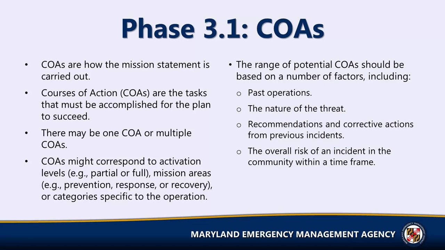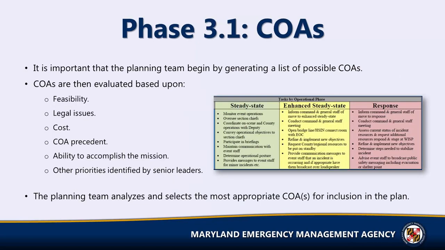scope, and objectives. When developing COAs, it is important that the planning team first generate a wide array of possible COAs for consideration. The planning team should develop COAs that are distinguishable among each other, feasible to accomplish the mission, and also able to be measured.